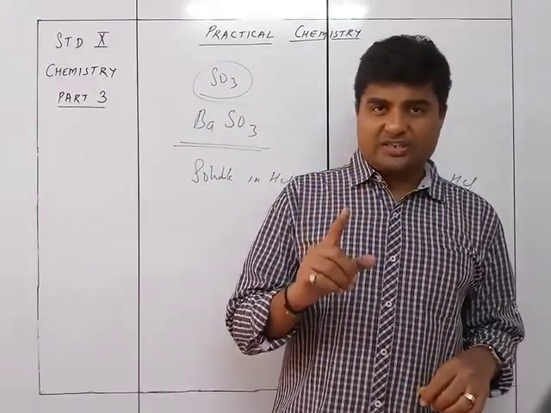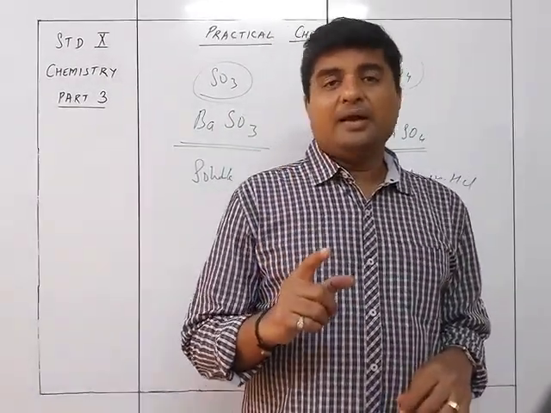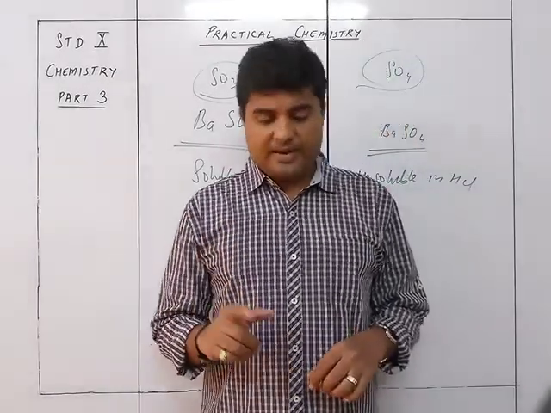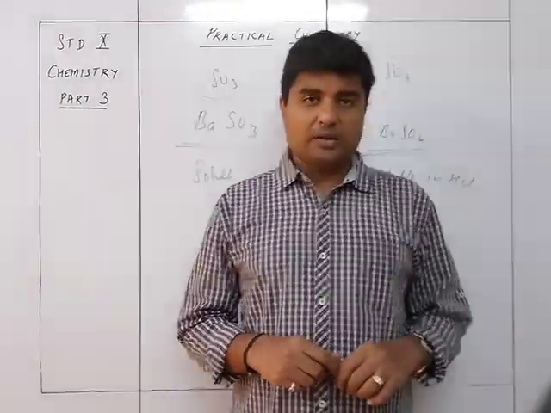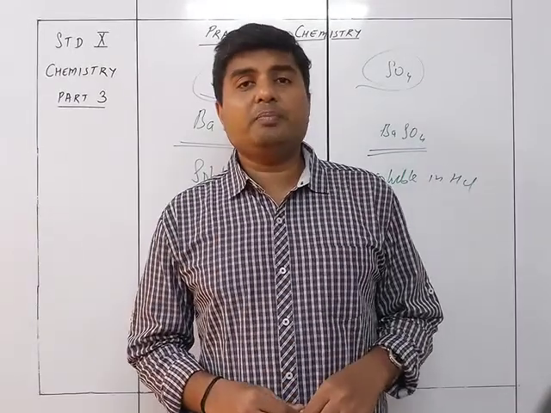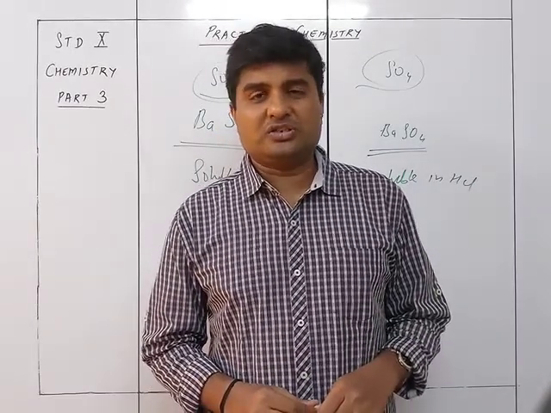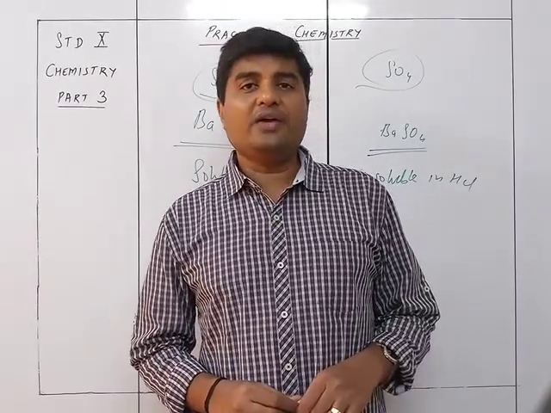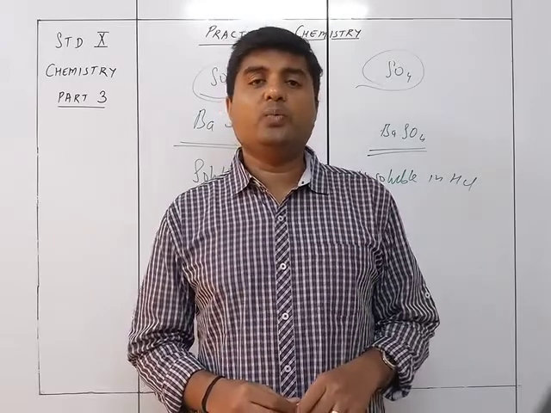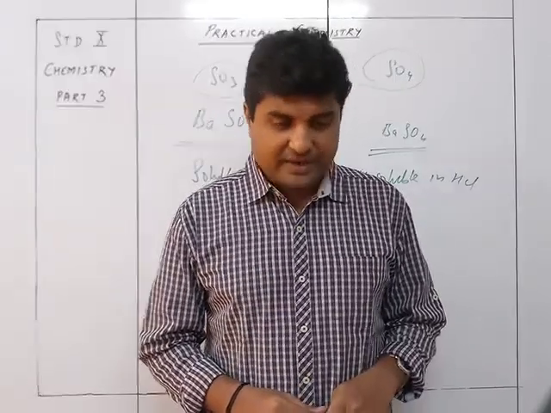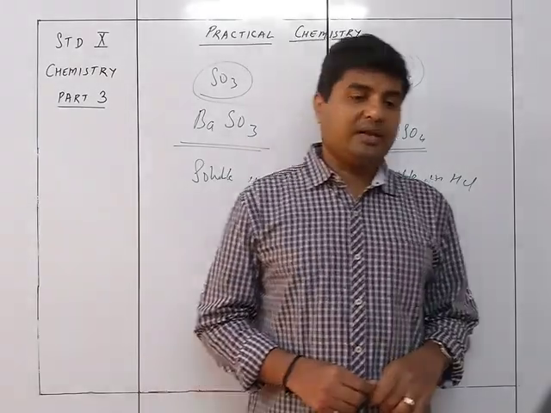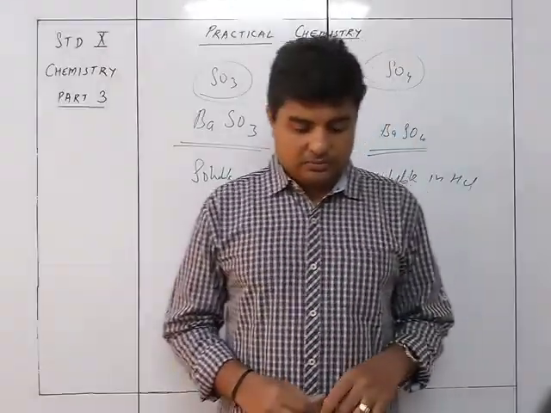Copper oxide is black metallic and manganese dioxide is another black colored thing. So if they have given me two black colored metal oxides, then how do I identify which is copper and which is manganese? That is the test we are taking here.